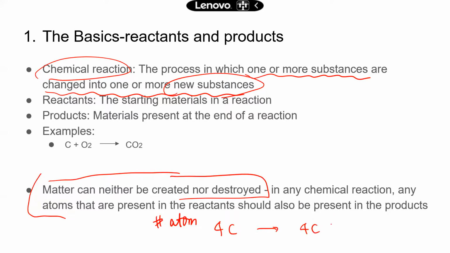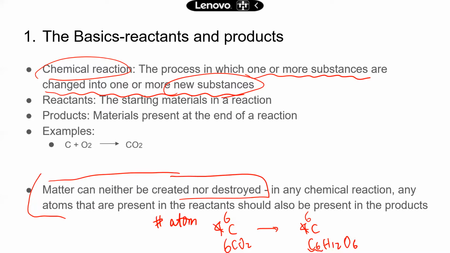But of course, the substances that contain the carbon atoms are going to be different. You may have, let's say, carbon dioxide on the reactant side, and then you end up with, maybe, in the example that we talk about, 6 carbon atoms. And then at the end, if you have glucose, you should still have 6 carbon atoms.